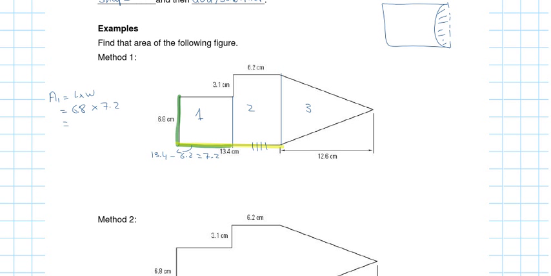What does that give me? 6.8 times 7.2. 48.96, and that's going to be centimeters squared.